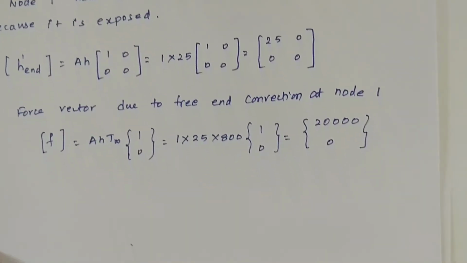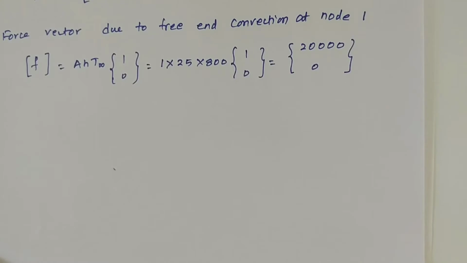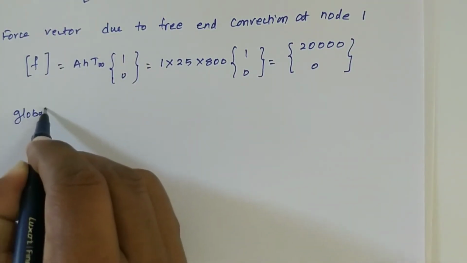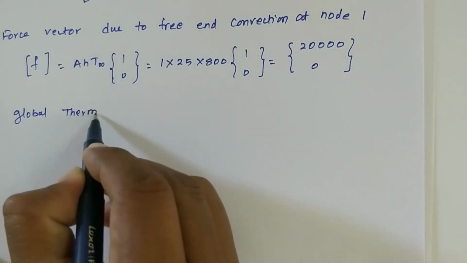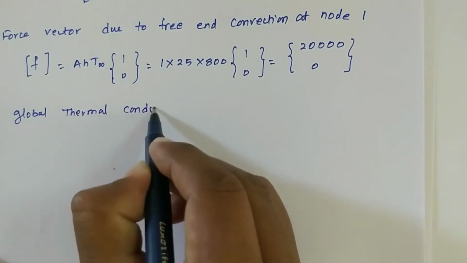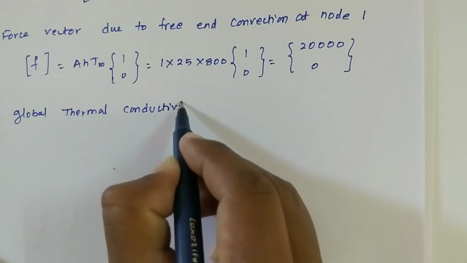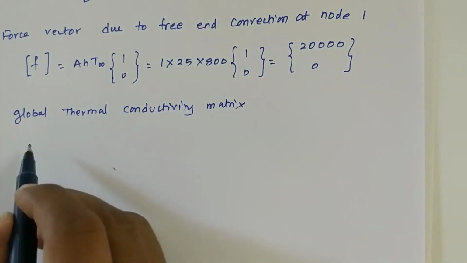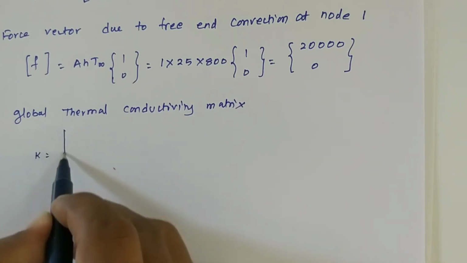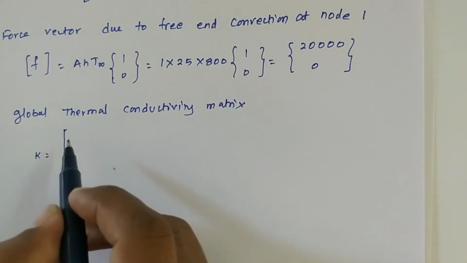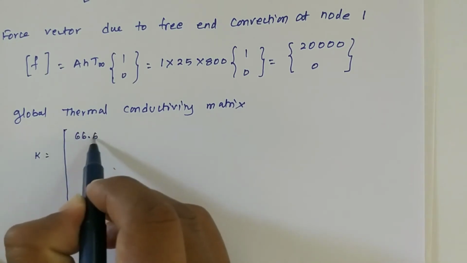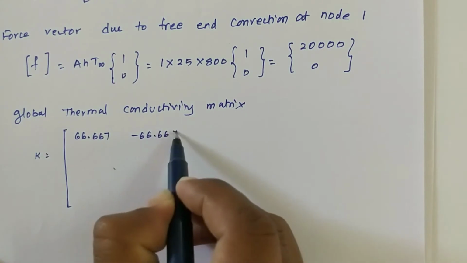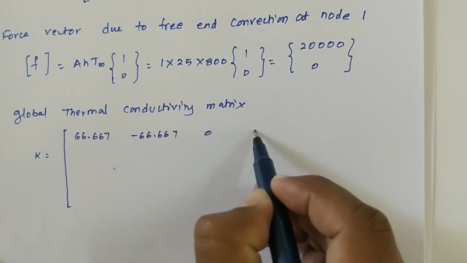So now let us write the global thermal conductivity matrix. It can be written something like this: K is equal to the sum of all three matrices. Row 1: 66.667, minus 66.667, 0, 0.